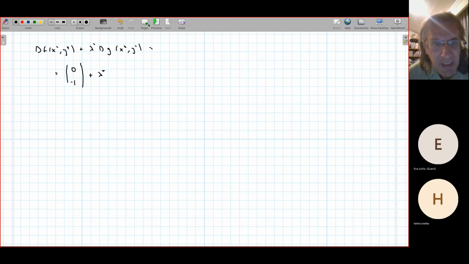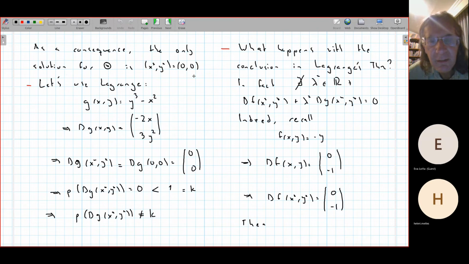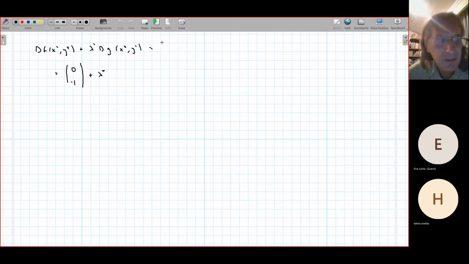Plus lambda star times the derivative of g, and that'll be 0, 0.